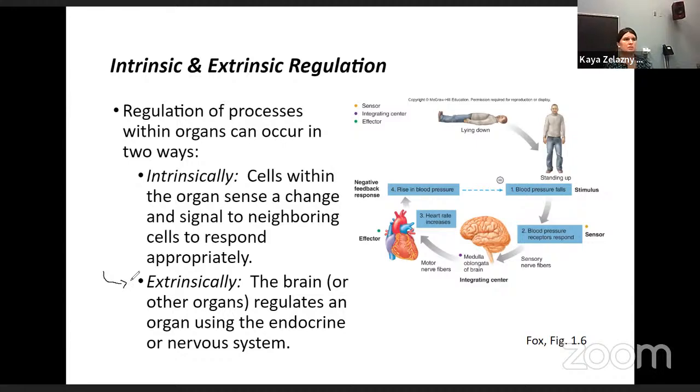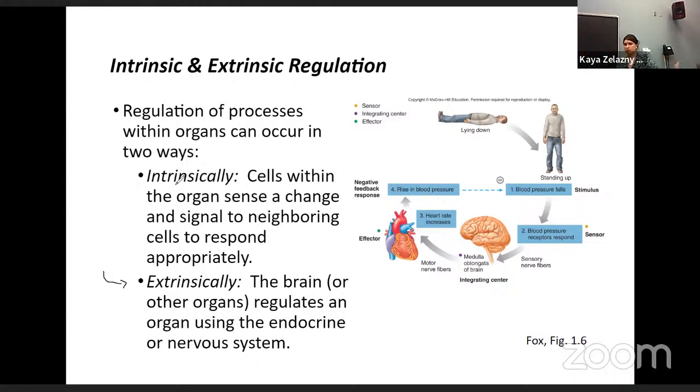But we will also see that some things are regulated intrinsically, so right there on location where the cell is. Sometimes that response is going to be really, really local, and we're not going to have to go out to the brain to create a response. We might have that cell or the wall of that blood vessel respond directly without sending some complicated signal to some other organ system.